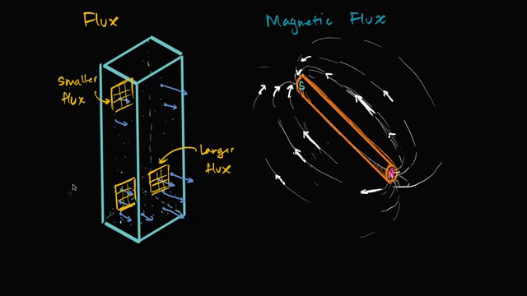Now, what if you were to take the same net, and instead of the air being perpendicular to the surface, being normal to the surface, what if you were to take the net and reorient it so that the air is going in the same direction as the surface? So what if you were to take the same net and make it like this? I know it doesn't look exactly the same, but it's the same net.